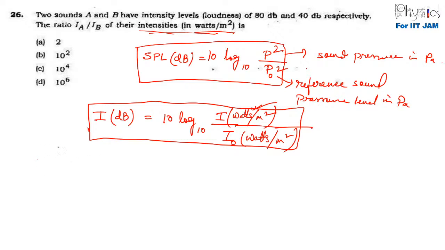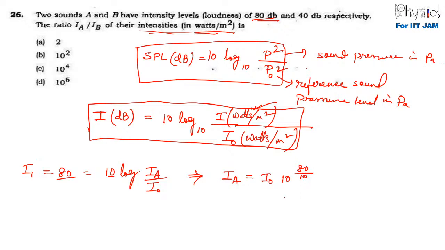So suppose the first intensity is IA: 80 equals 10 log IA by I0, and it gives us IA equals I0 times 10 to the power 80 by 10.